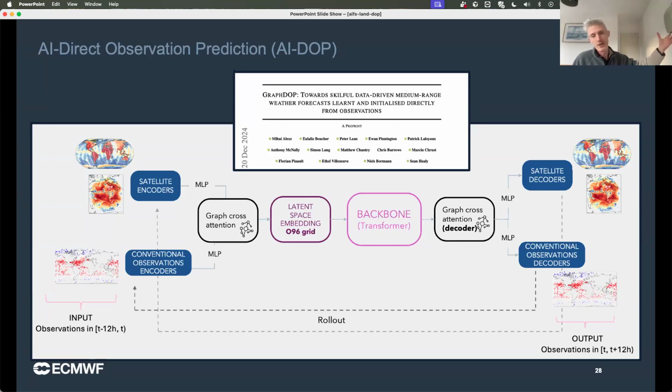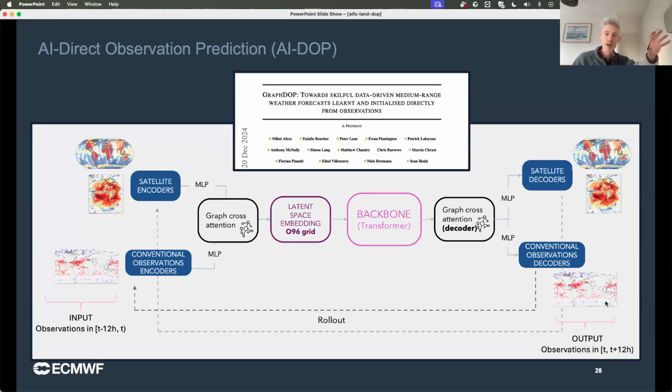That allows us to encode satellite observations, conventional observations from aircraft, synops, whatever else we might have. Then we bake that down into this latent space, and we still have this transformer backbone with attention across report types and across space. And then we decode back out to these observations.